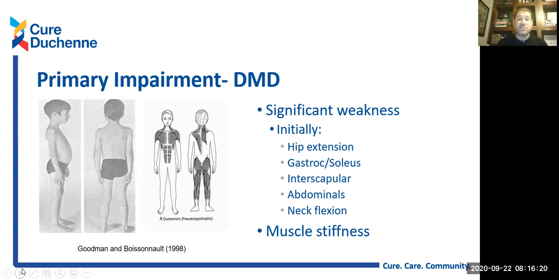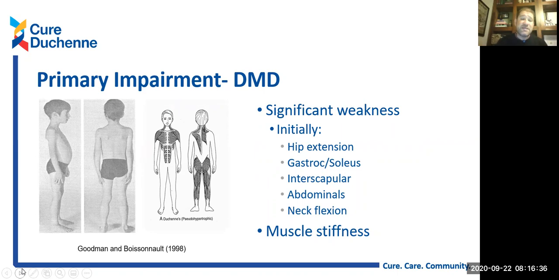I'm not going to spend a lot of time on the physiology and the makeup of DMD, but I think it's important to look at the primary impairments. So what muscle groups are typically affected?